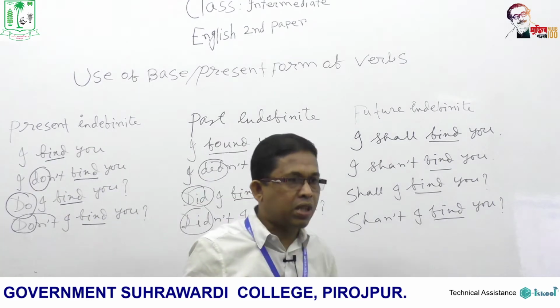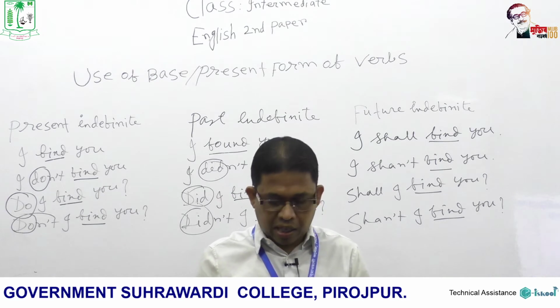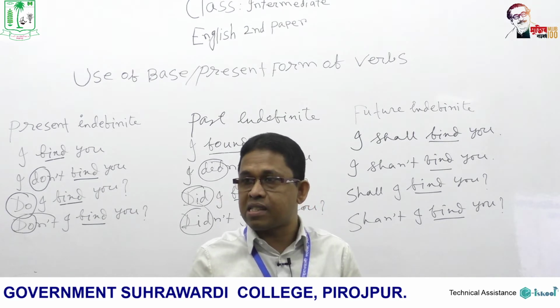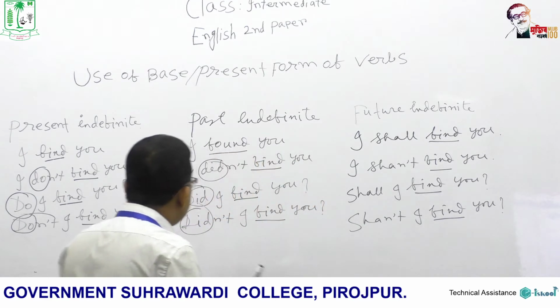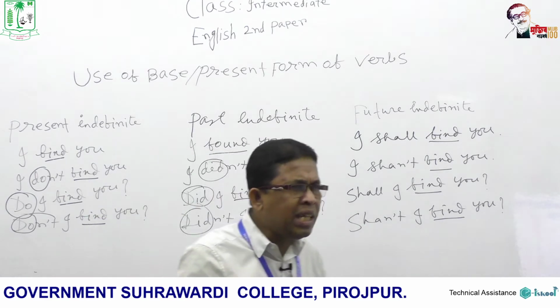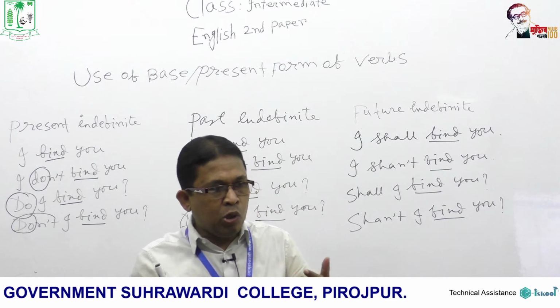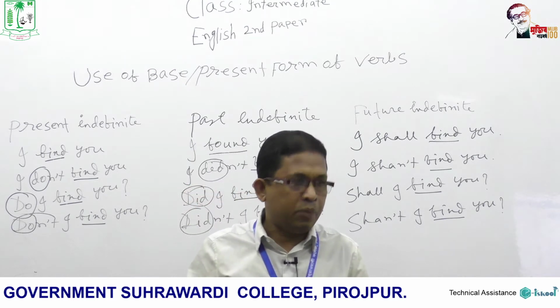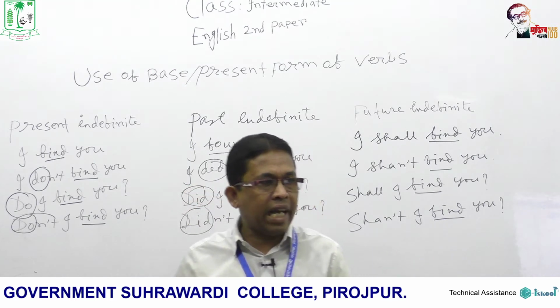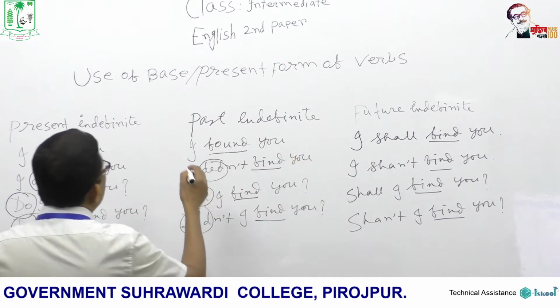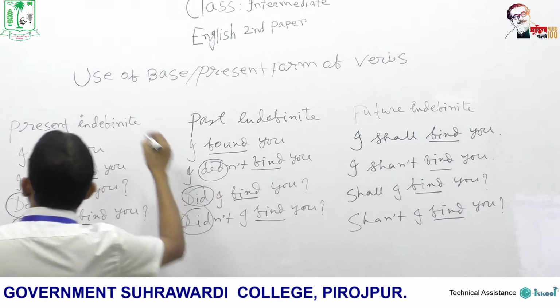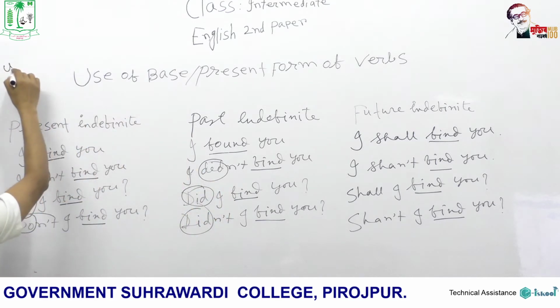We can also use does when the subject is third person singular number. So you can remember in this way that whenever you find the use of do verbs, which is known as dummy auxiliaries. You know, dummy auxiliaries. Where should I write? Dummy auxiliaries.